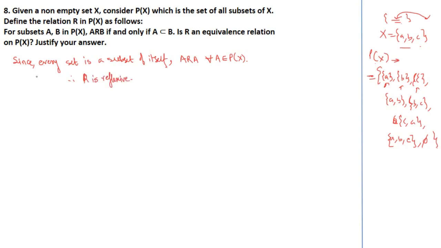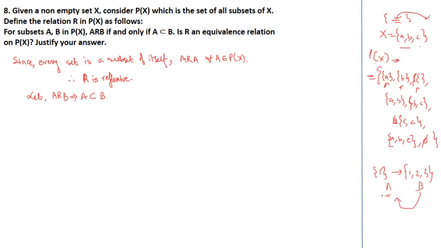Now for it to be symmetric, let us assume a R b implies a is a subset of b, but a being a subset of b does not imply that b is also a subset of a. Suppose a is a subset of b. Does it imply b is a subset of a?